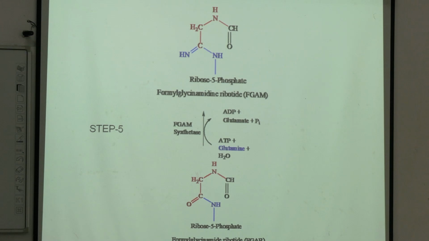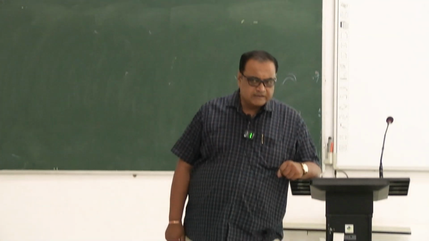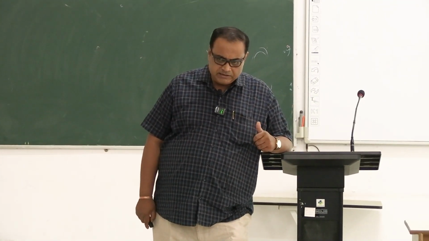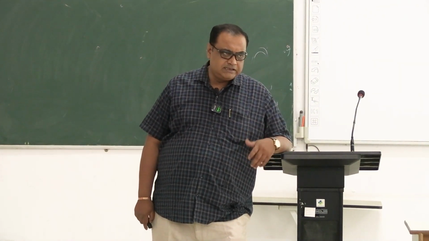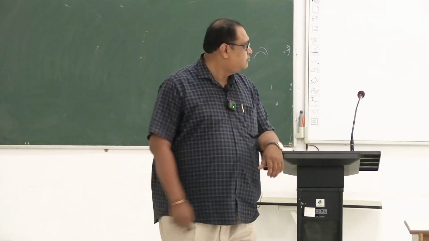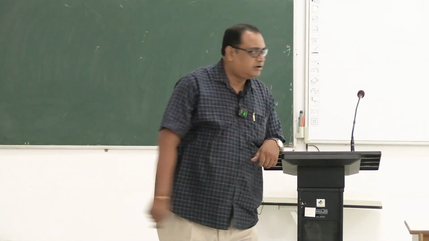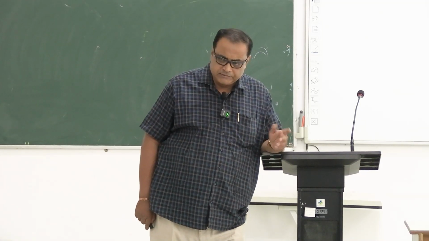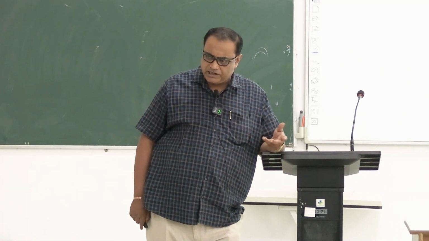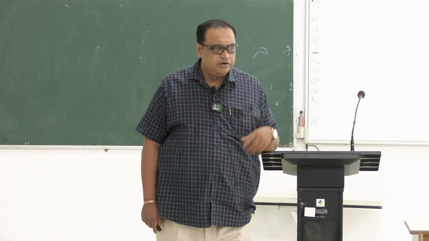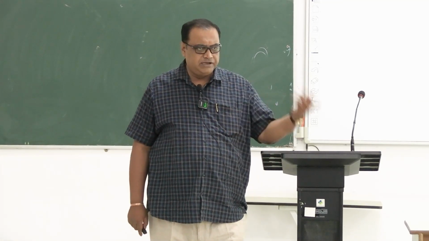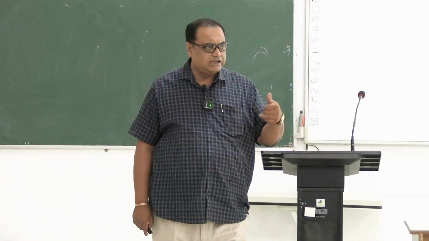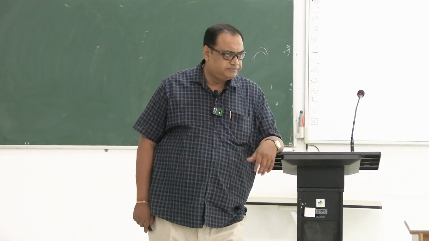Can you read? Just read the name. Formyl glycinamidine means one more amino group is added. Formyl glycinamidine ribotide. Previously it was formyl glycinamide ribotide. Now we have added one amino group, so it becomes amine of amine. So formyl glycinamidine ribotide. Next.